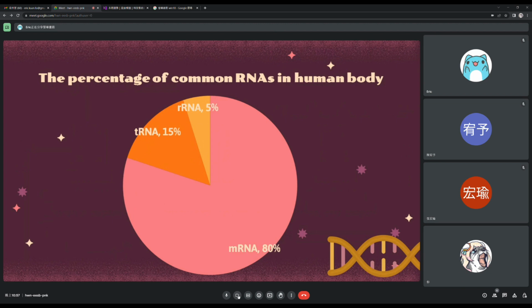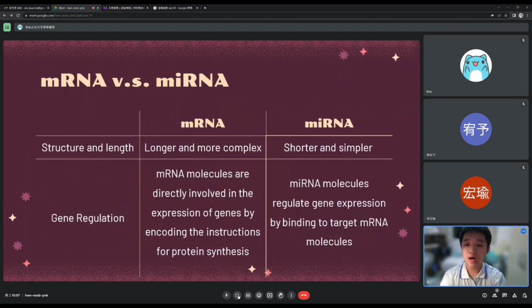Today, I'm going to tell you the difference between mRNA and miRNA. mRNA structure and length are longer and more complex, but as you see, microRNA is shorter and simpler. MicroRNA is only present in eukaryotic cells, but absent in prokaryotic cells.